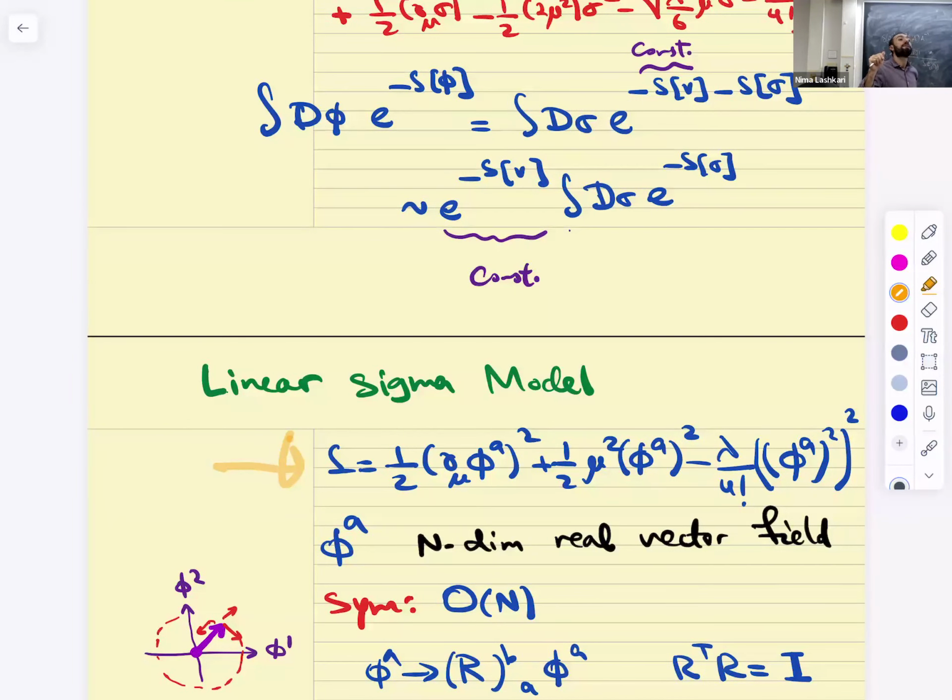Wave function normalization. So you have to send phi_A to Z phi_A renormalized, but Z cannot have an A index. Why? Keep it symmetric. Yes, because otherwise it will break the symmetry. Renormalization is not supposed to break the symmetry.